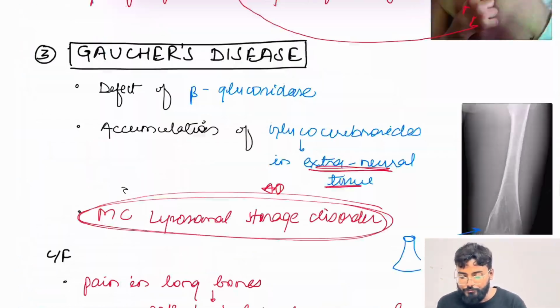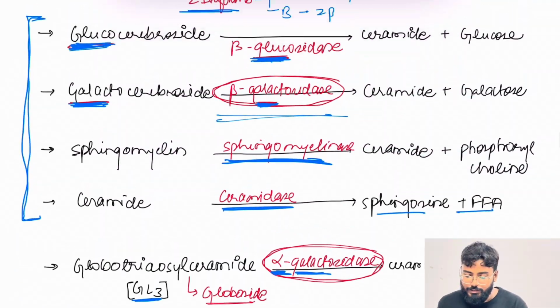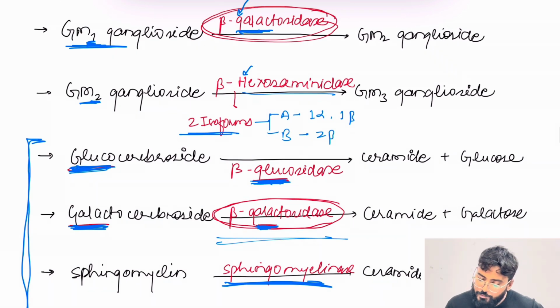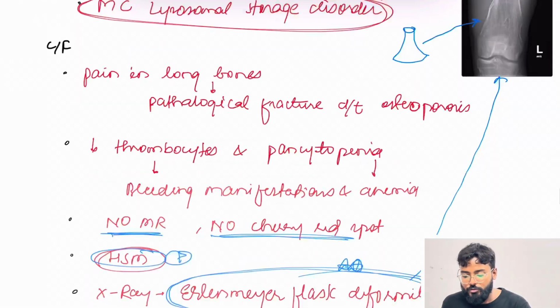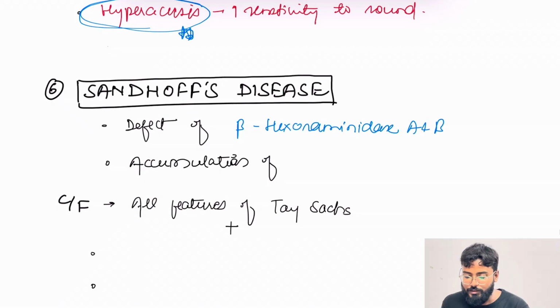We saw here that hexosaminidase has two isoforms, A and B. A has two subunits, 1 alpha and 1 beta, and B has two subunits, that is 2 beta. So in case of your Tay-Sachs, only the A isoform is defective, while in case of Sandhoff, A and B both are defective.